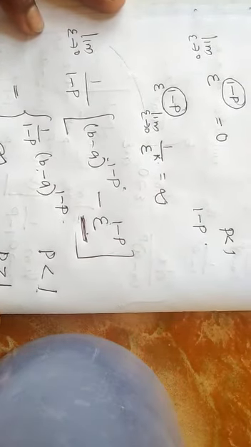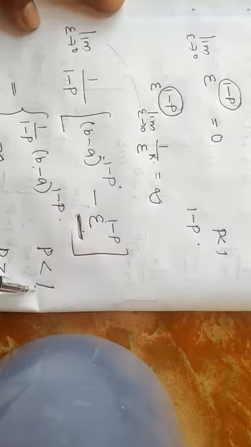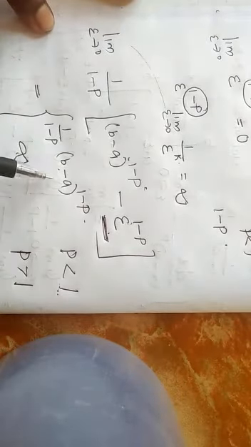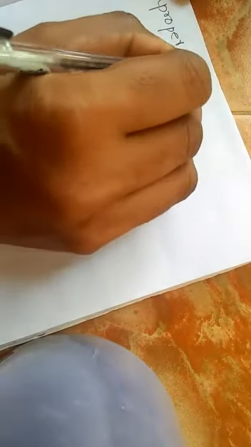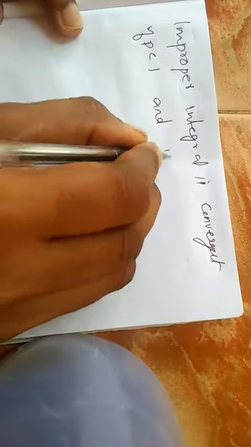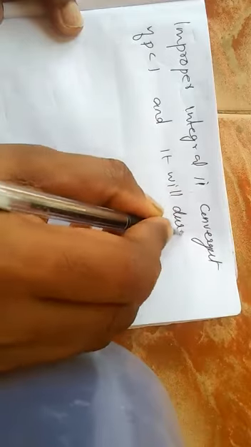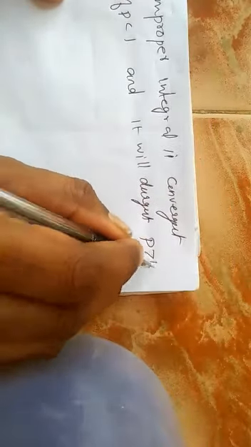So we get a finite value for p less than 1, and for p greater than 1 it becomes infinity. Therefore, we conclude that our improper integral is convergent if p less than 1, and divergent if p greater than 1.